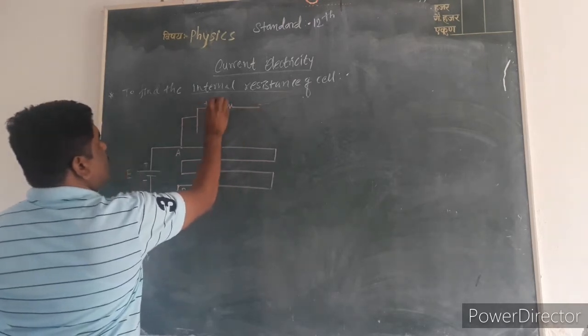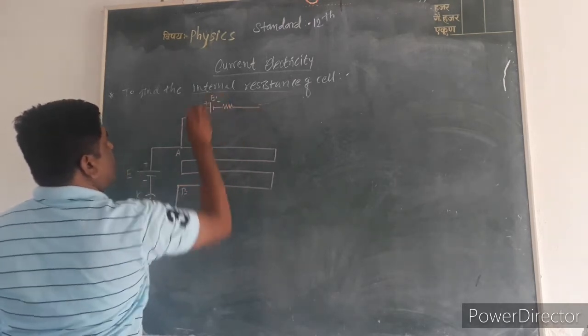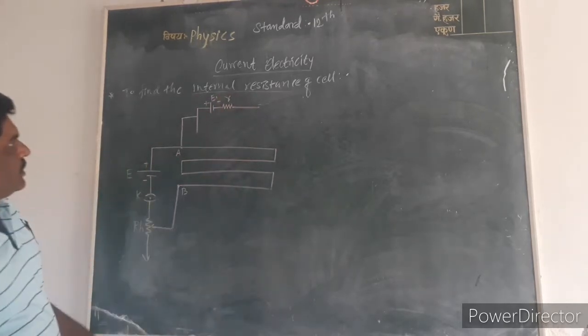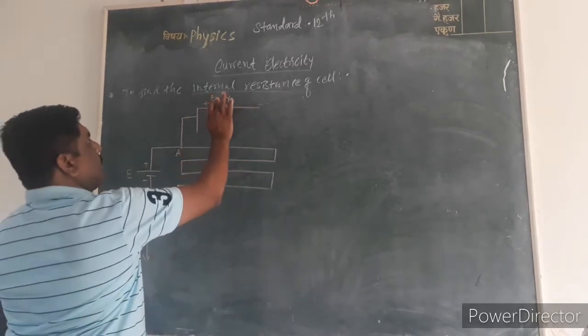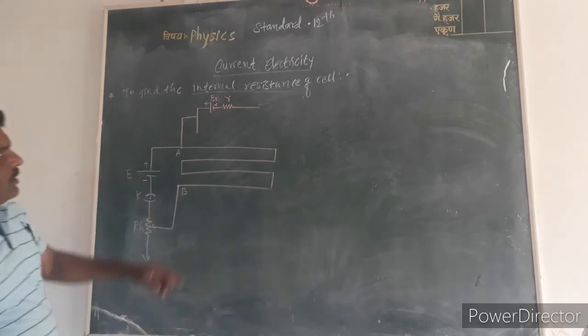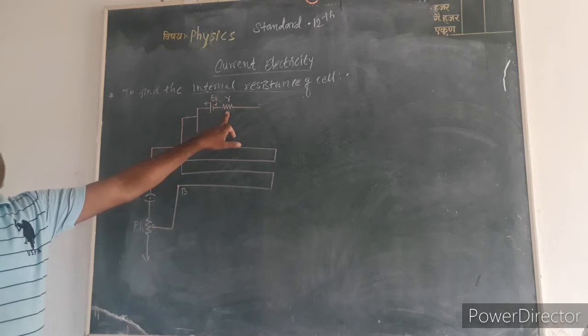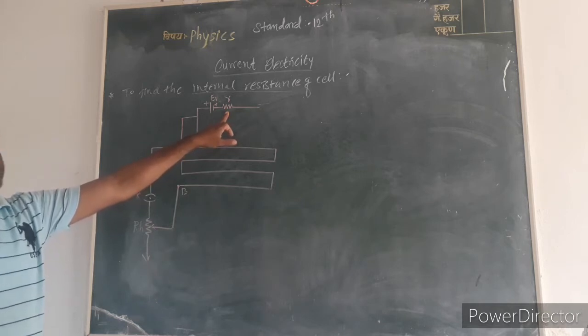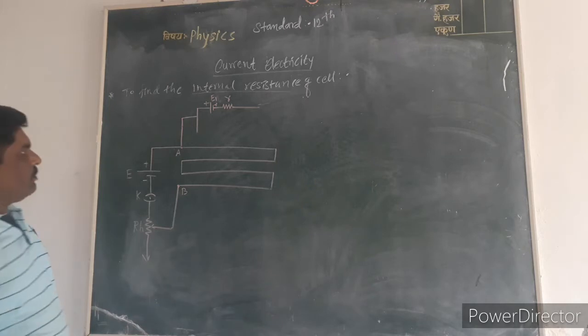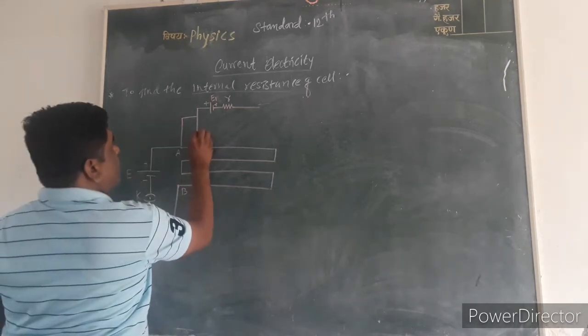This was my cell E1, internal resistance r. This is cell E1. R is small r is internal resistance, and that can be determined using potentiometer AB.